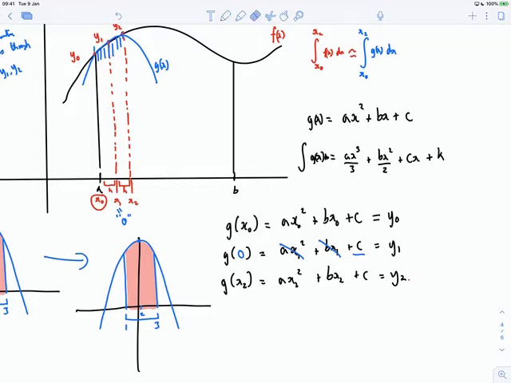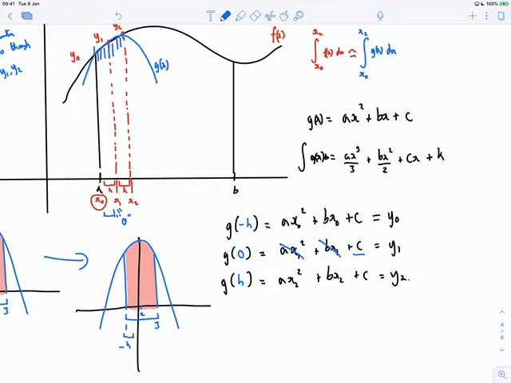Now, what else do we know? Well, we know that h naught now is going to be negative h, because we're going back a h. And we know x2 is going to be positive h. So what does this all become?